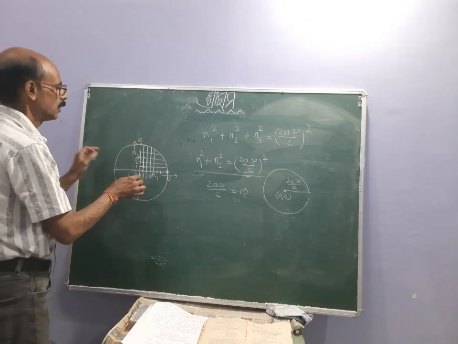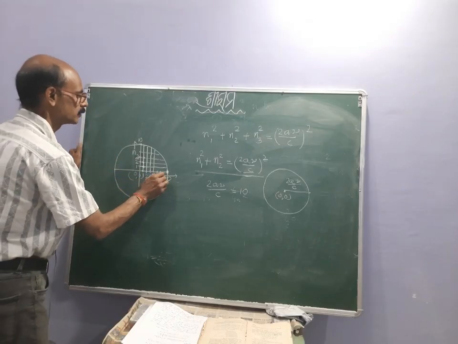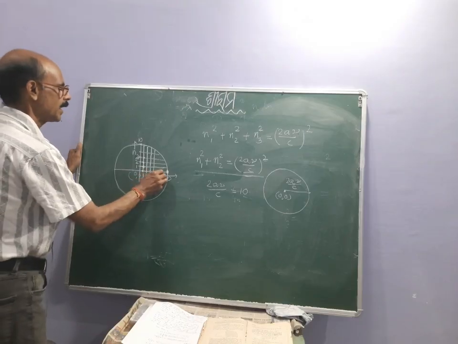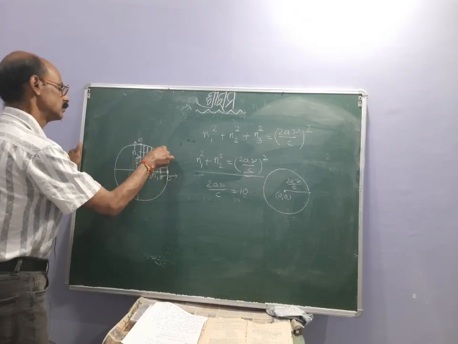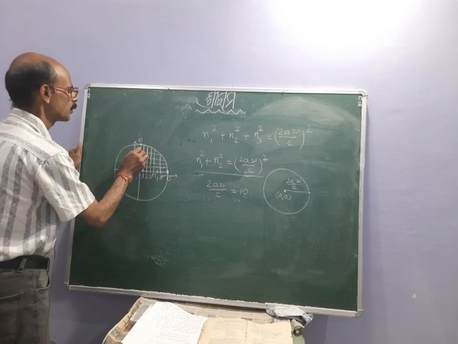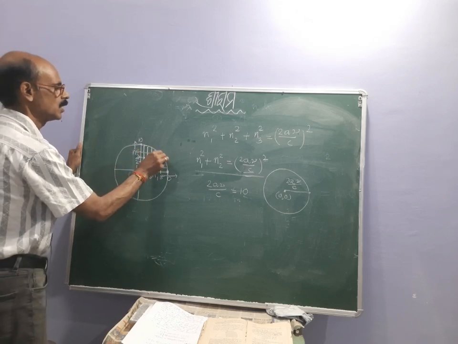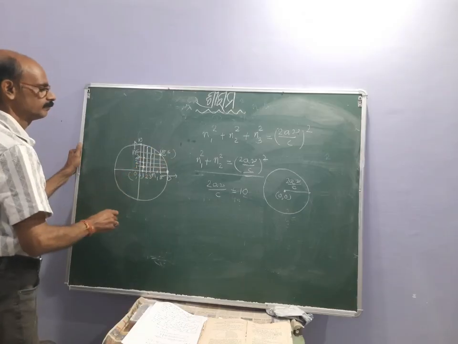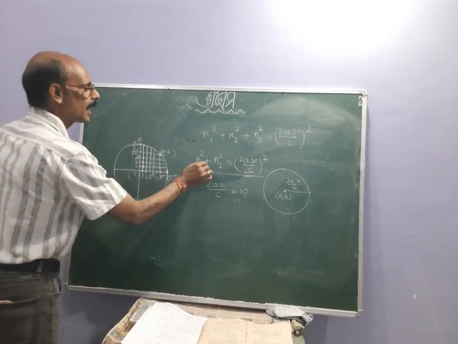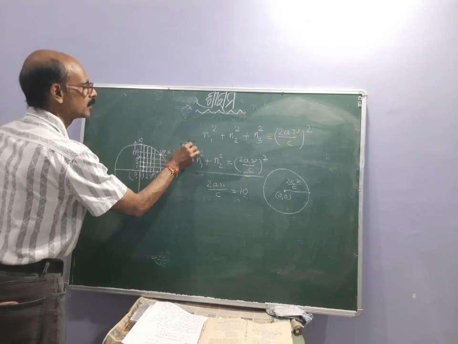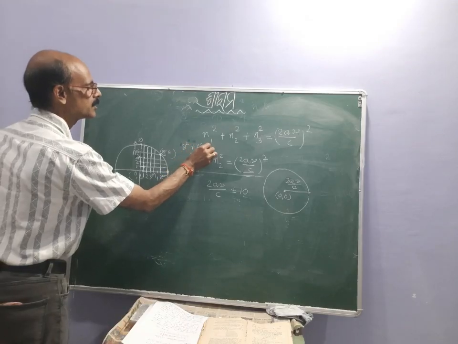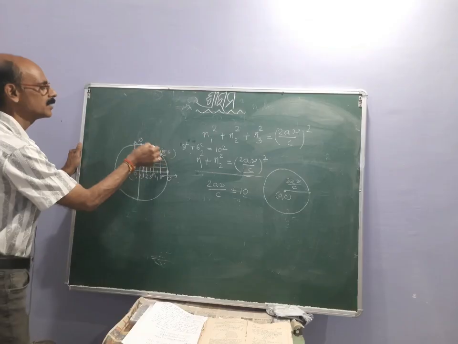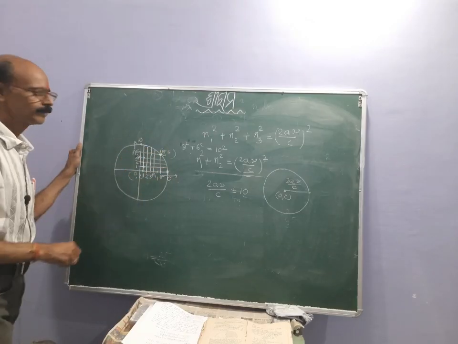But if I take, suppose this is 8 and suppose this is 6, so this is 8, 6. Then I will get 8 square plus 6 square is equal to 10 square. So it lies on the circumference of the circle.